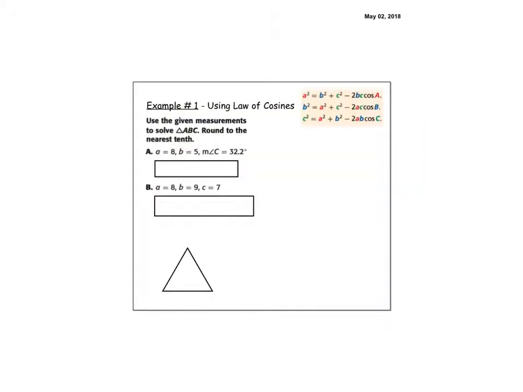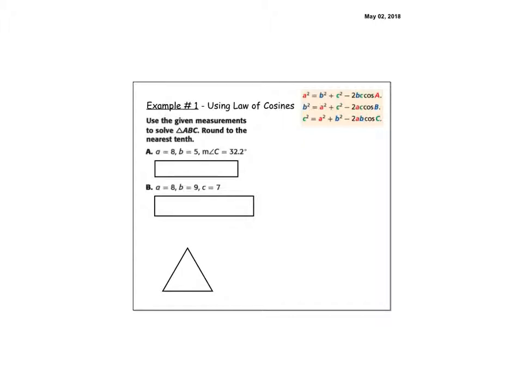All right, let's jump right into an example. I put the law of cosines up here in the corner just to remind me, I don't have to memorize this. Usually you see these formulas listed on any type of standardized test. You always see these included in formula sheets.